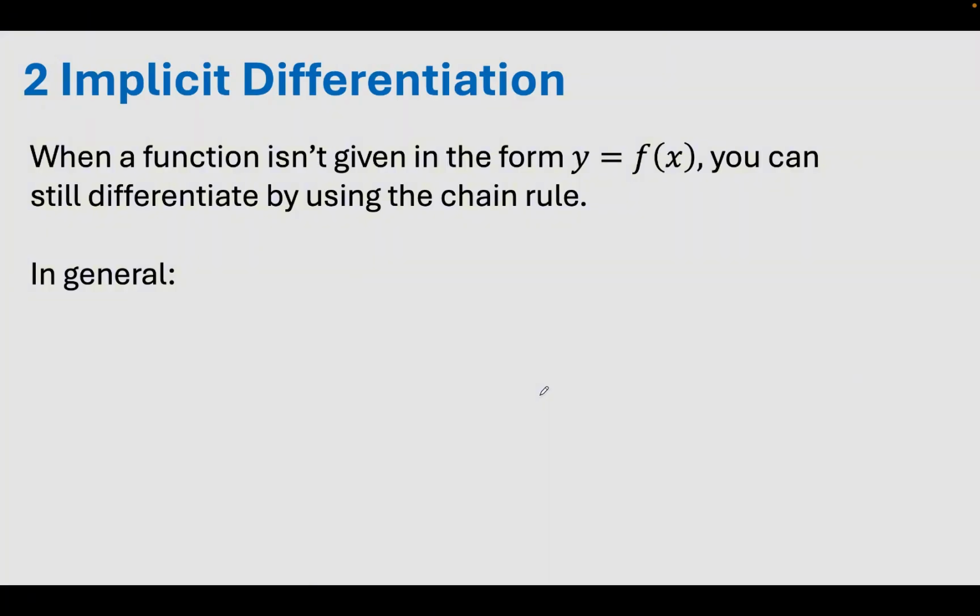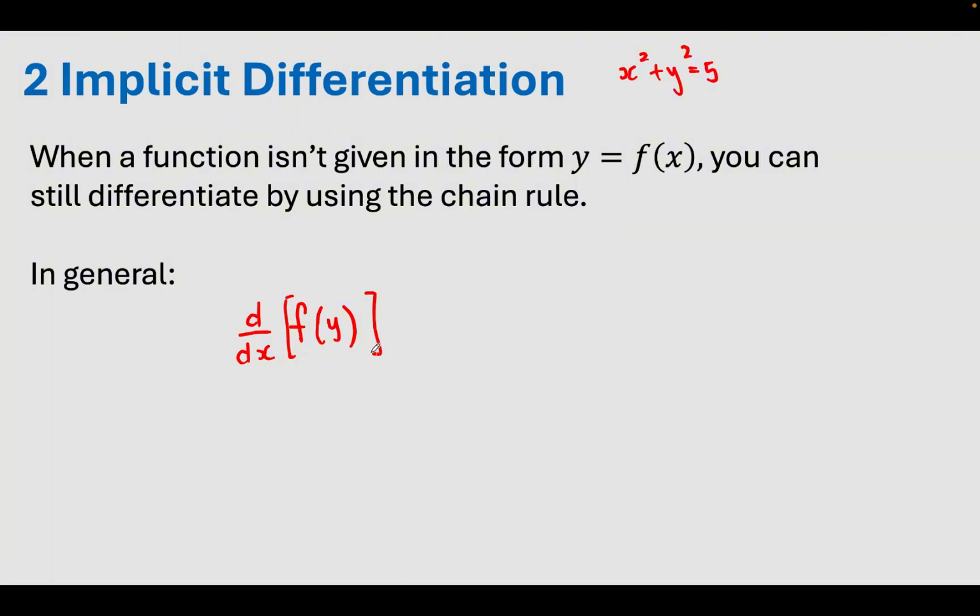Okay, so implicit differentiation. When a function isn't given in the form y equals f of x, it could be something that's combined, like x squared plus y squared equals 5, for example. You can still differentiate by using a form of the chain rule. In general, suppose we have a function in y and I want to differentiate it with respect to x.